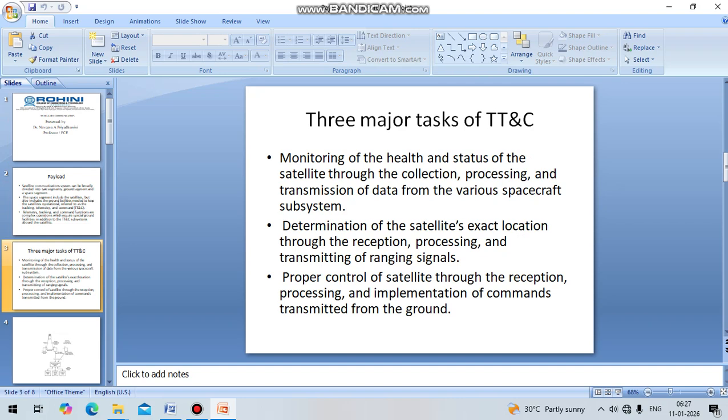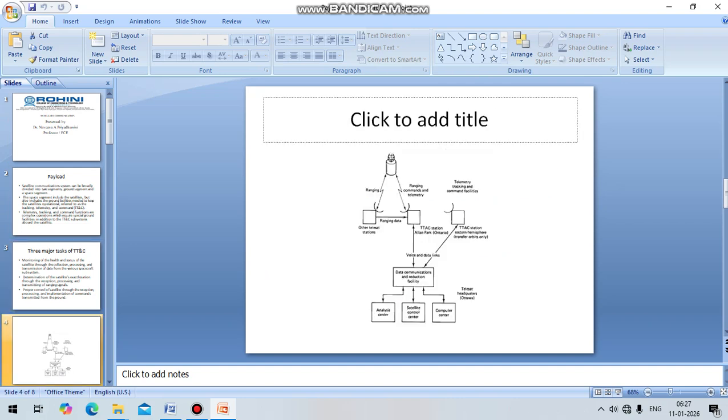Next, the determination of the satellite's exact location through the reception as well as processing of the transmitted ranging signals. First, the condition of the satellite is analyzed, which is named telemetry, and the position of the satellite is tracked, which is known as tracking. The last is the command. The proper command signals are transmitted to the satellite from the ground station for its efficient operation. So this is the structure of TTC.